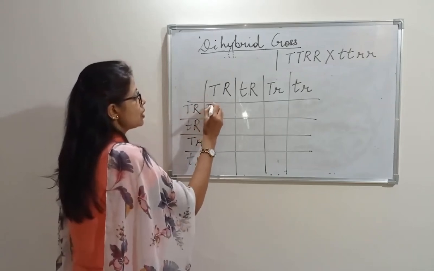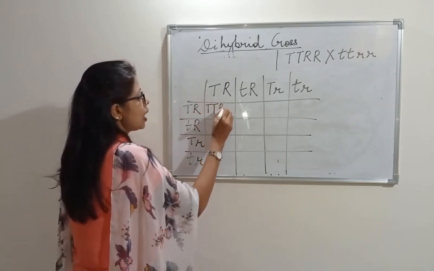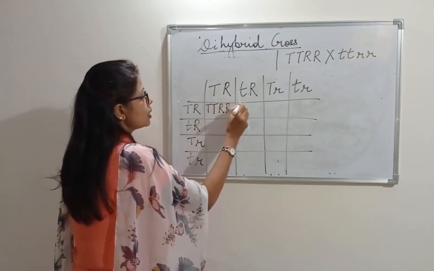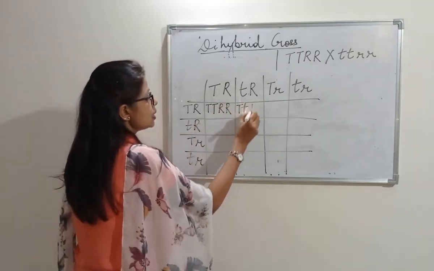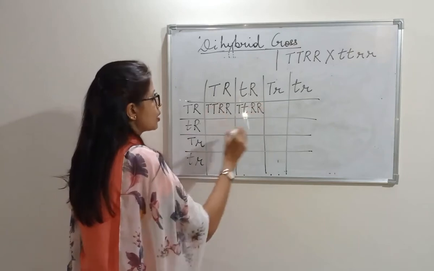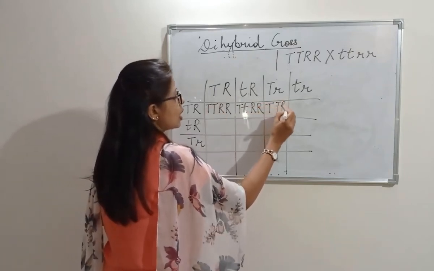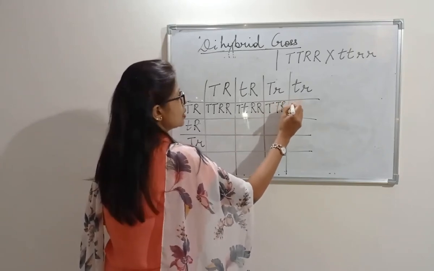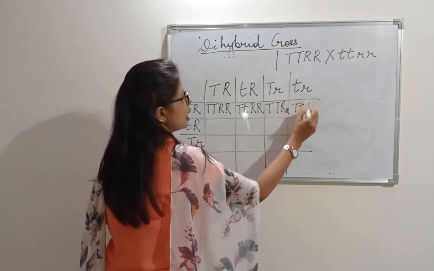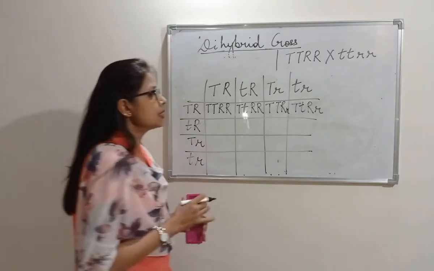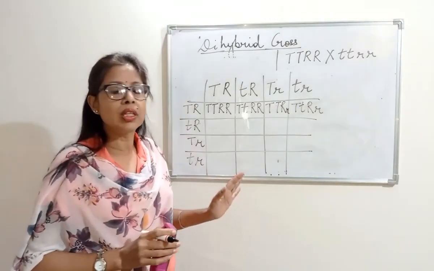We get capital T, capital T, capital R, here T, T, R, then T, T, R, here T, R. There is nothing that you have to learn here.